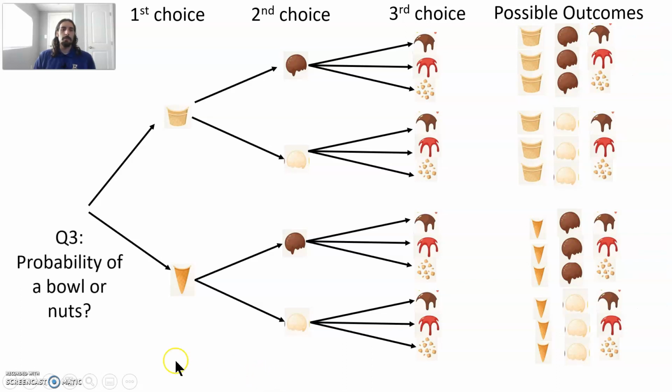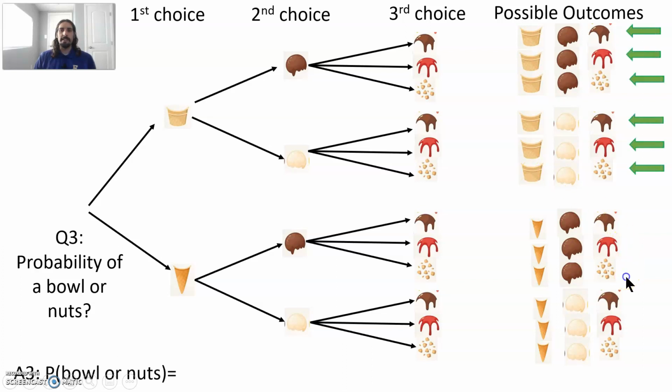Going on to question 3, probability of a bowl, the bowl cone, if you will, or nuts. Same thing up here. We've got all of these choices up here that have the bowl in them, and we've also got these 2 choices down here that have the cone. Here's what you need to be careful with on this one.